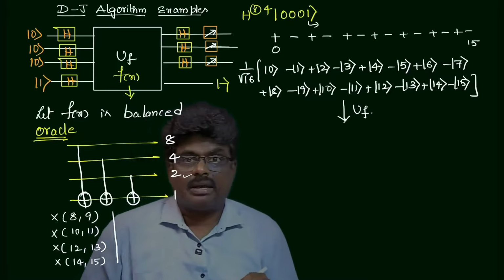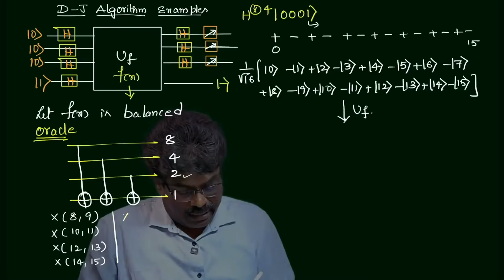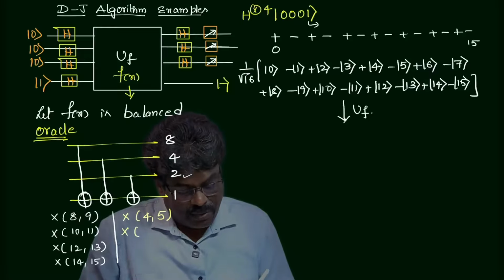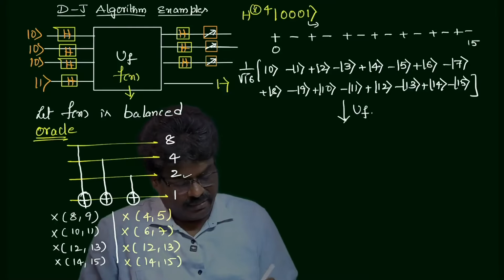This method I have already explained earlier, so I request you please go through that. And the next gate is 4 comma 5, that means 4 to 1, 4 comma 5. You have to add the remaining, that is 6 comma 7, I have added 2. Next you have to add 8, that is 12 comma 13, and 14 comma 15.